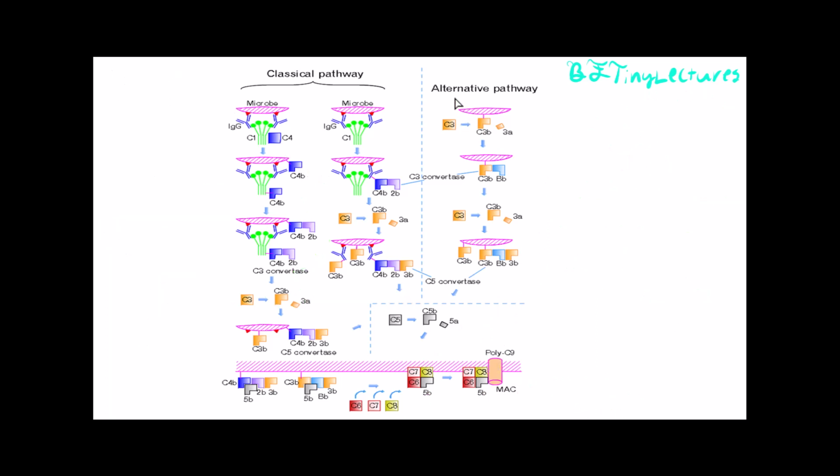But let's talk about the alternative pathway. Sometimes the pathogen, like a parasite or bacteria, is just relaxing. They're not doing anything inside the body, and they're trying to be sneaky. However, the C3 protein will spontaneously attach itself to the surface of the pathogen. So there is no antibody. It's really sneaky.